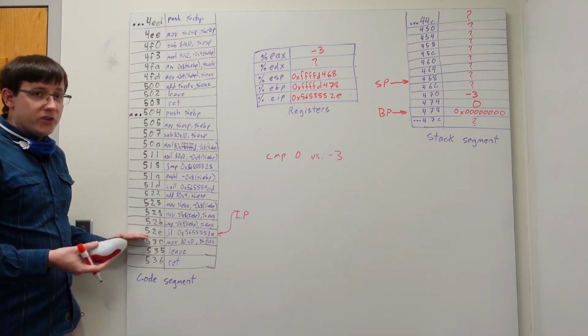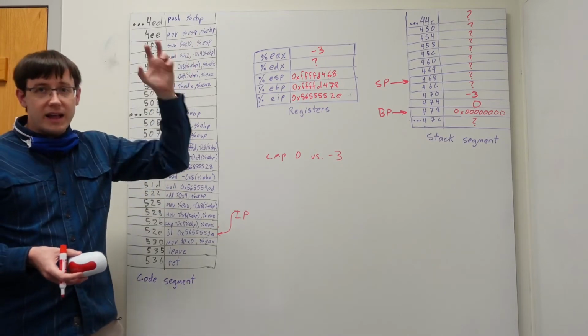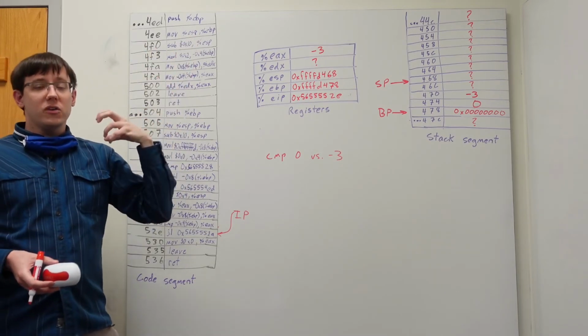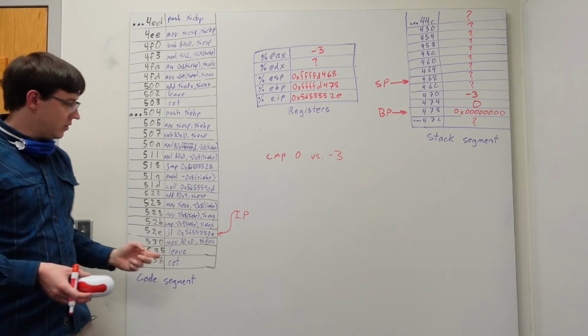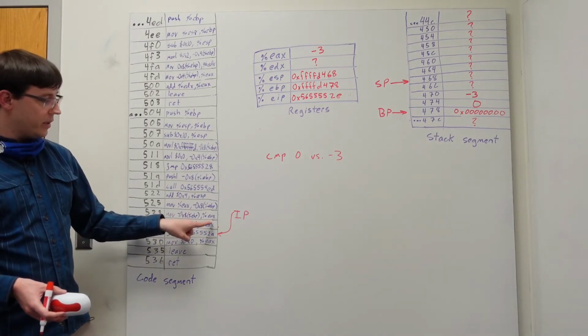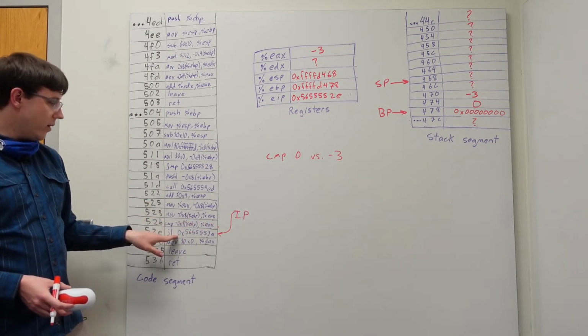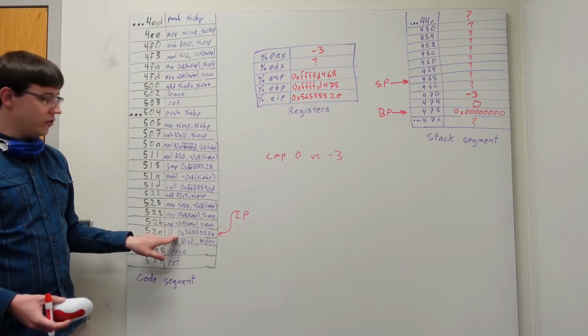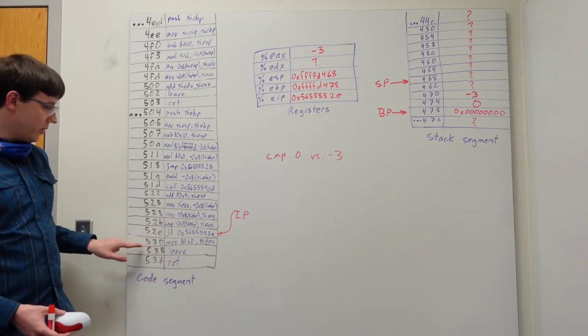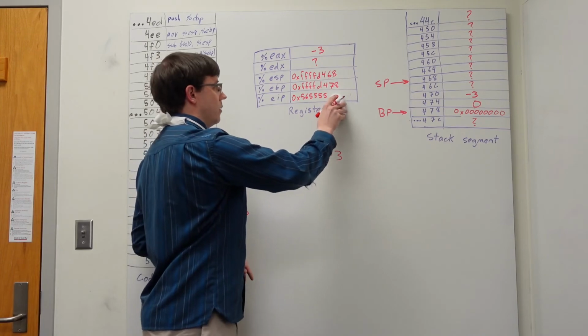But for our purposes, it doesn't really make sense to reason about the specific values in the flags register, because we can understand the semantics as we are comparing these two values and then jumping if B is less than A. So now executing this JL instruction, we first increment the program counter. So the program counter now stores 530.